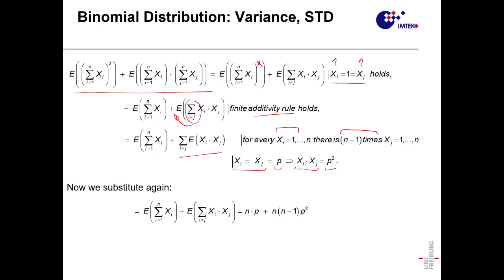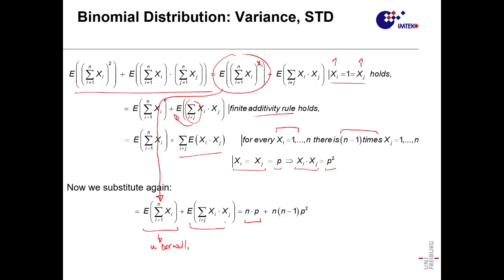So what I want you to see with this is that this part is solved here and continues until here, right? So we always have that guy here. The first can be simplified to n times p, right? Because this is the expected value of n times a Bernoulli parameter.